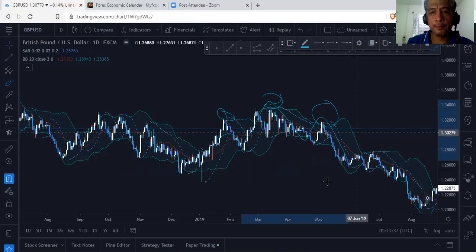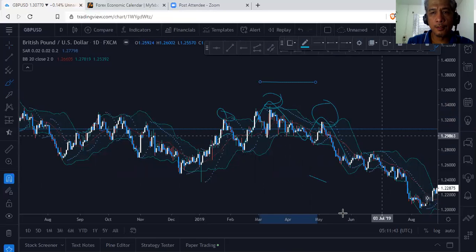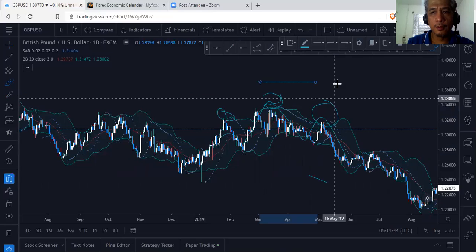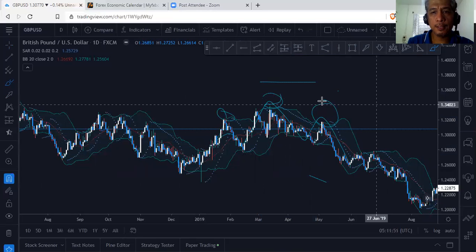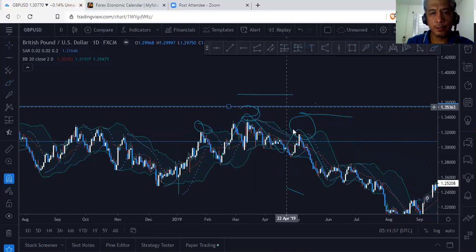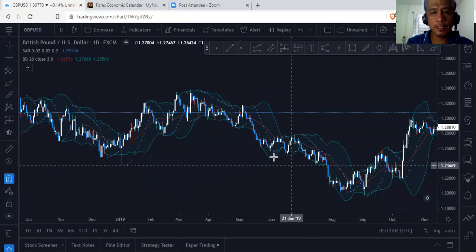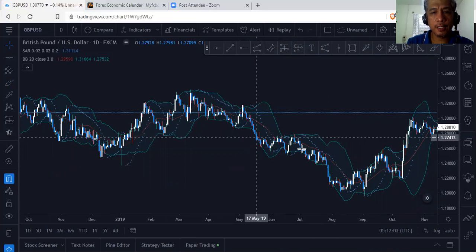As the market went, sorry for that, I'm going to erase all my drawings from time to time. So as the market moves right here, you can see here an N pattern.